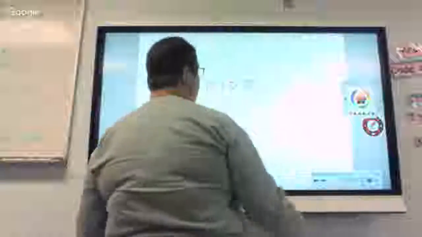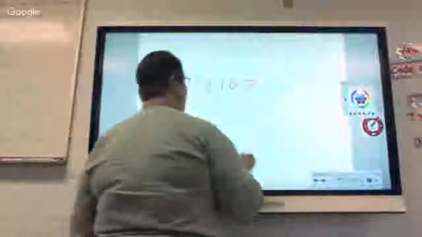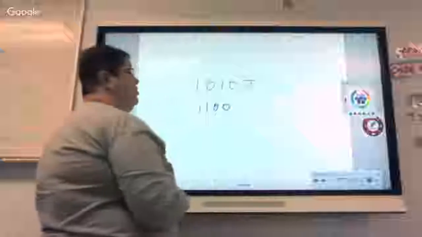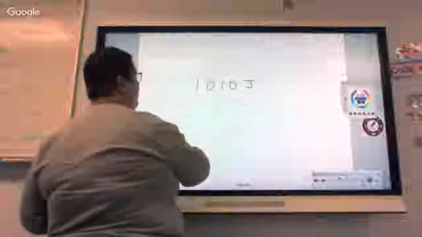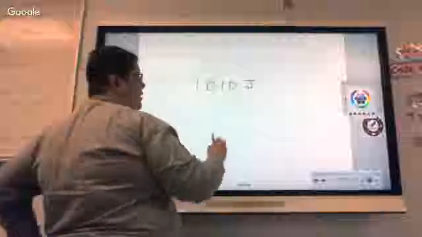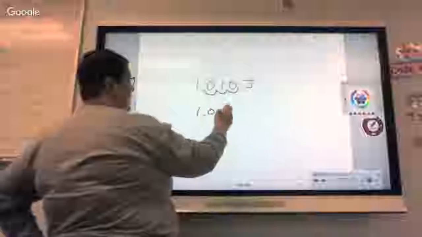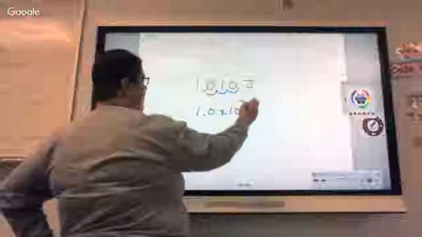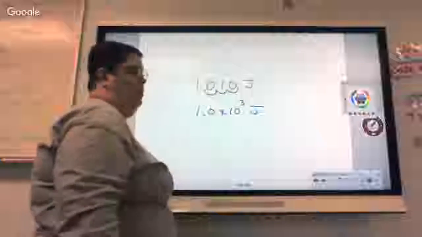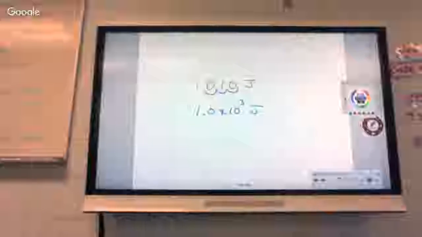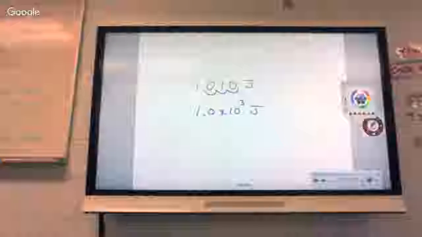Yeah, 2 significant digits. The only way you can get 2 significant digits here is to make this 1100. That's a huge change in the number. You don't really want to make that 1100. The only way you can change this one is to put it in scientific notation to make it the same answer that it was. The only option you have for getting it in the right number of significant digits.